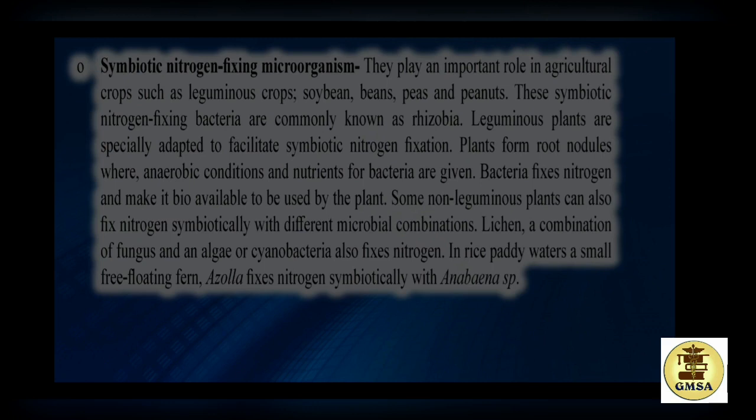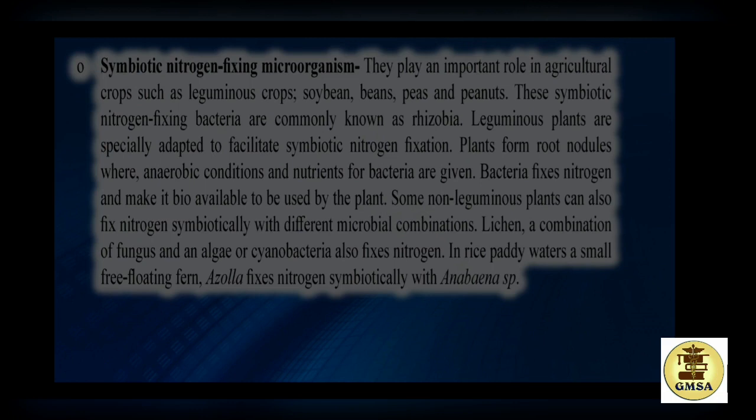Plants form root nodules where anaerobic conditions and nutrients for bacteria are given. In these root nodules, which are produced by the leguminous plants, anaerobic conditions are produced, so the nitrogen fixation process is facilitated, and also in return nutrients for bacteria are given by the plants. Bacteria fix nitrogen and make it bioavailable to be used by the plant.